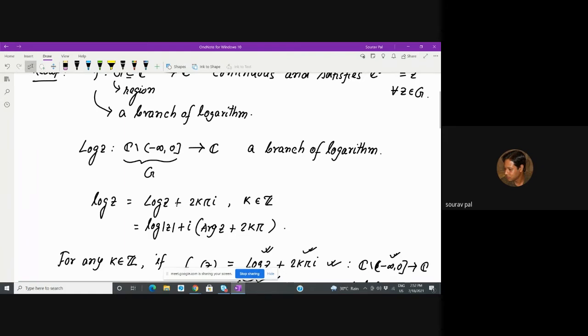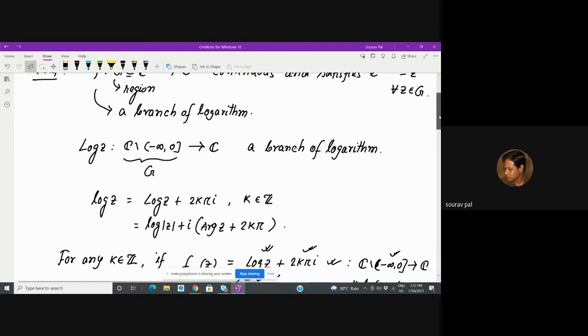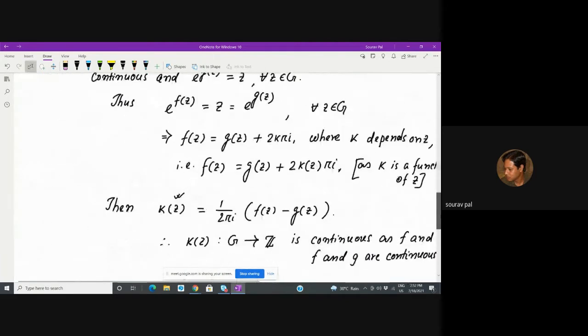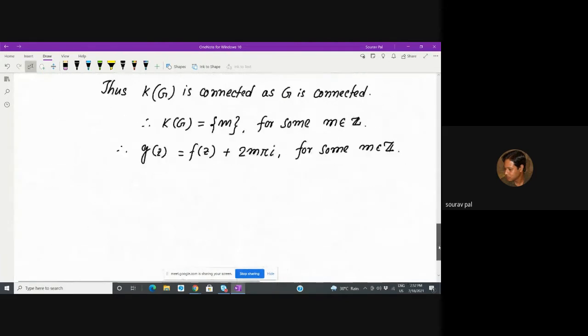Then we have all branches of logarithm lying in that region in this way by adding 2k pi i. And this is a both-sided result, if and only if. So these are all the branches of logarithms.